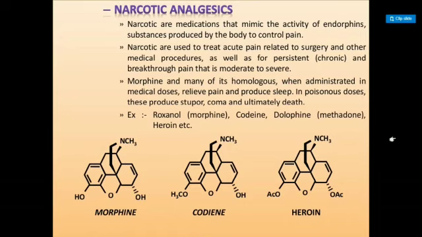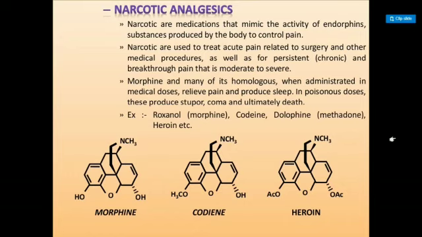Narcotics are used to treat acute pain related to surgery and other medical procedures, as well as persistent and breakthrough pain that is moderate to severe. When pain is very severe, for example any breaking of bones, joint injuries, accident trauma, or in surgery cases, then this type of narcotic analgesic is used to relieve pain.